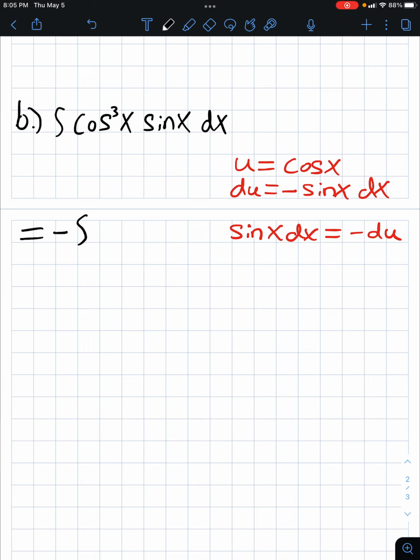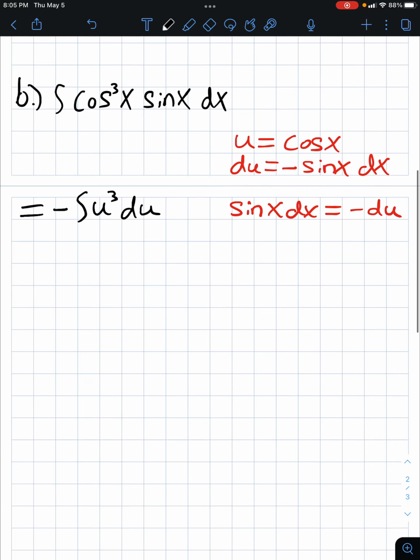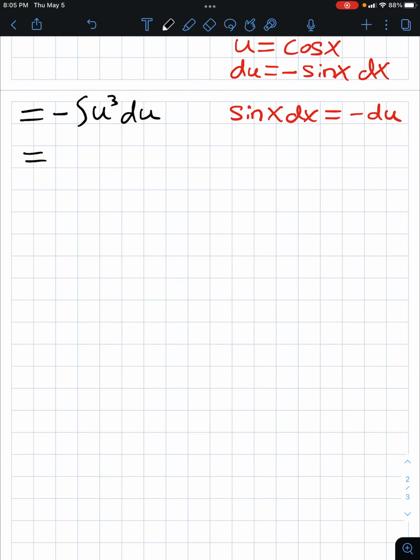Since u is equal to cosine of x, we get u to the third. As I stated, sine of x dx is equal to negative du, so I put a constant negative out in front of the integral, and we're just left with du. Now if we take the integral of u to the third du, we are left with negative u to the fourth divided by 4 plus c.